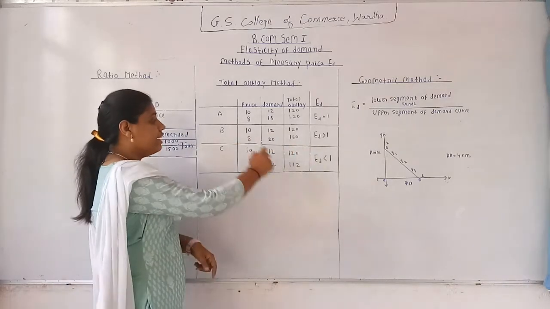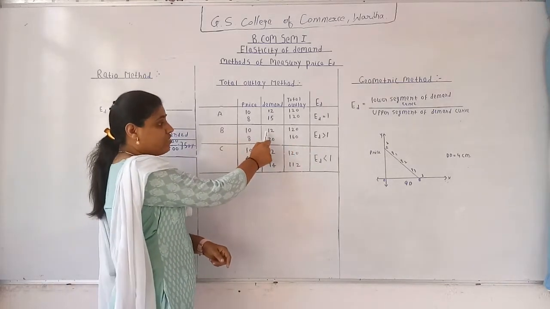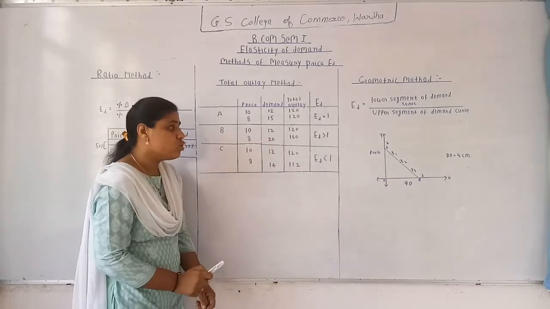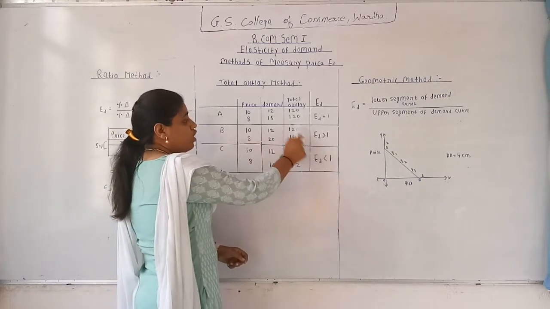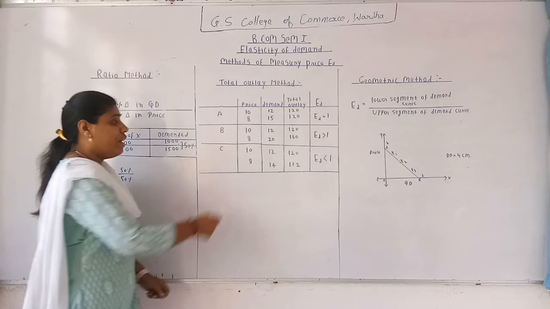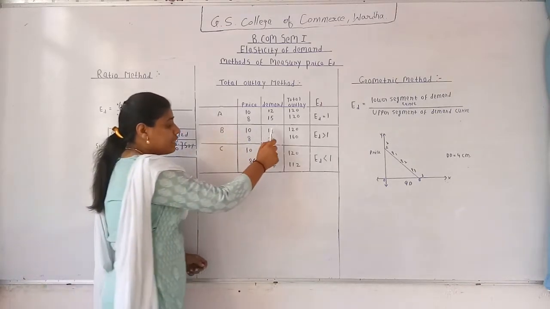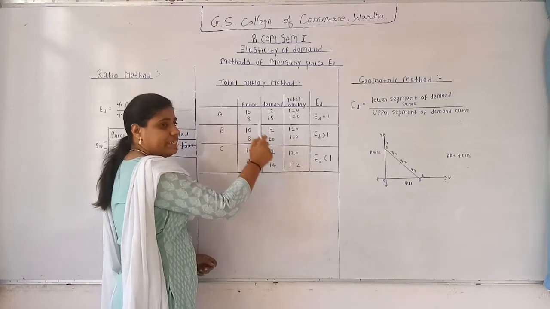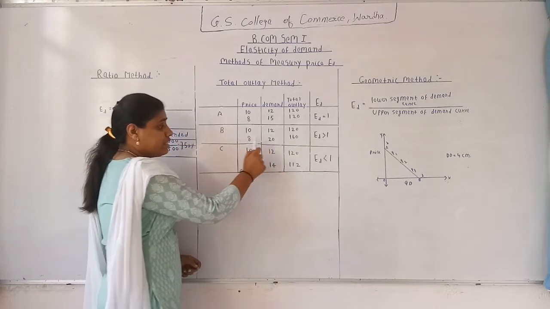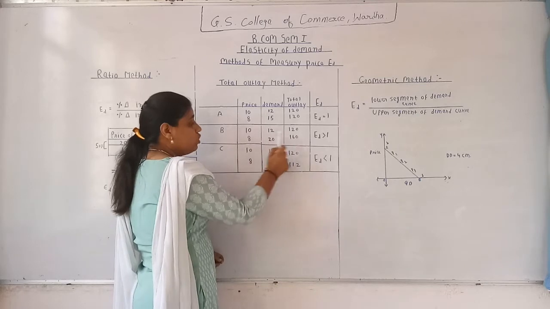Earlier, when the price was 10 and 12 units were being demanded by the consumer, total expenditure was rupees 120. But when the price declined from 10 to 8, the quantity demanded increased from 12 to 20, and therefore the total expenditure has become 160, that is 8 into 20.